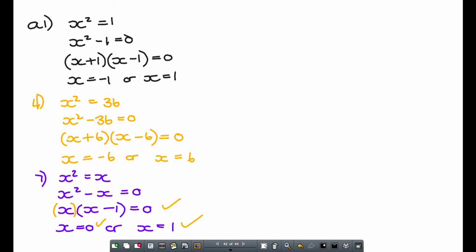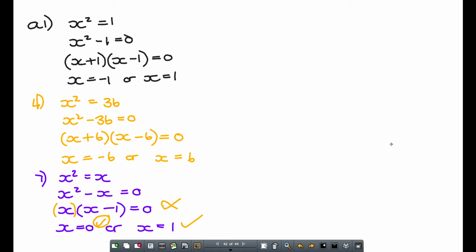As I said to him just now, if he gets the answers correct, then I can assume that he got that factorizing correct, so I can still give him a mark there. But if the answers are wrong, you just get naught. Whereas even if you factorized wrong here, I could still work with that and give you a mark over there. That's why we want you to write those steps.